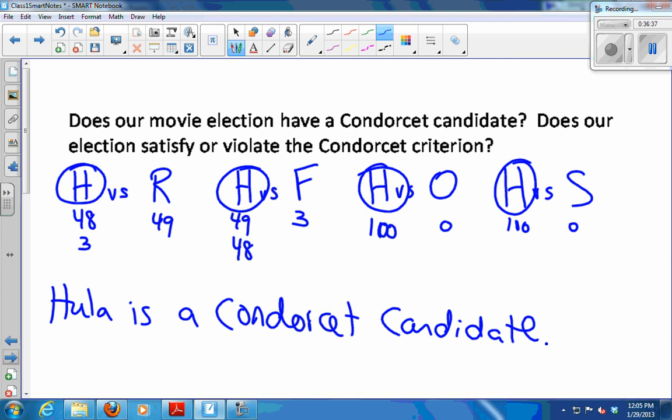Yet, when we decided this election using the plurality method, who won? The Rose Bowl, right? So Hula is a Condorcet candidate, but the Rose Bowl won. That means we violated the Condorcet criterion. If you have a Condorcet candidate who loses, you violated the criterion.